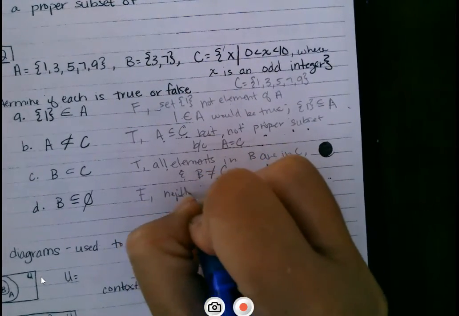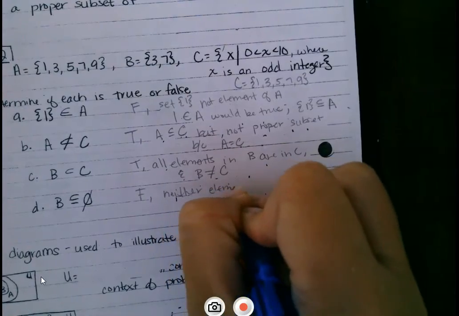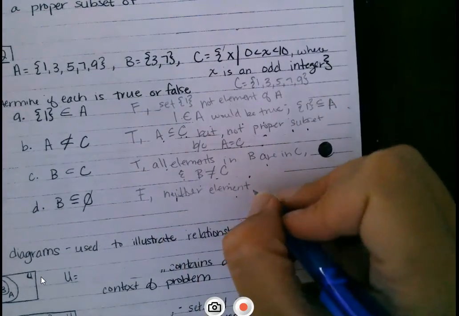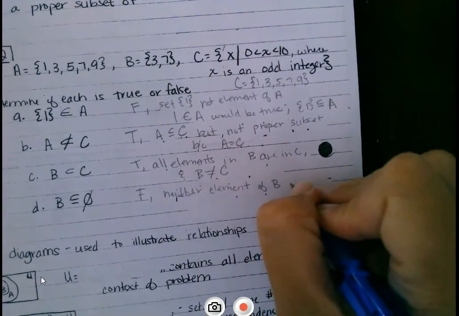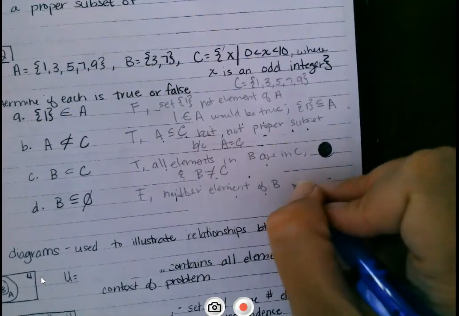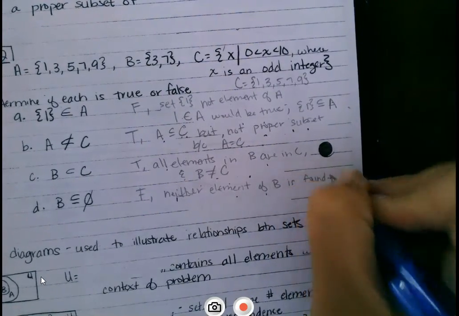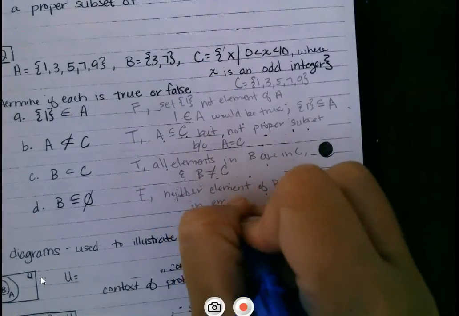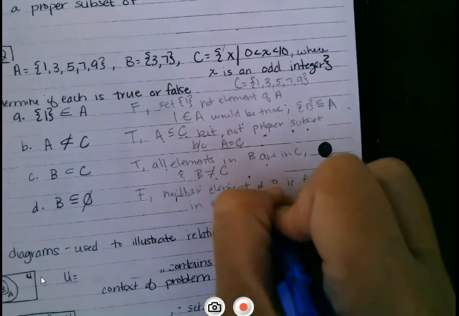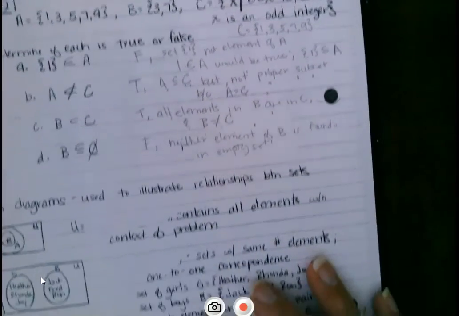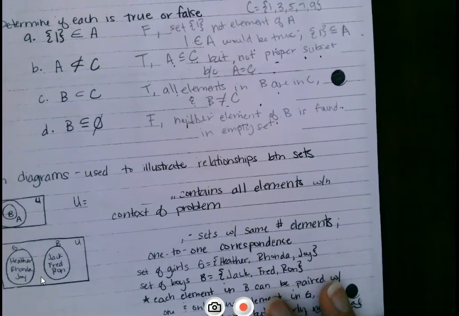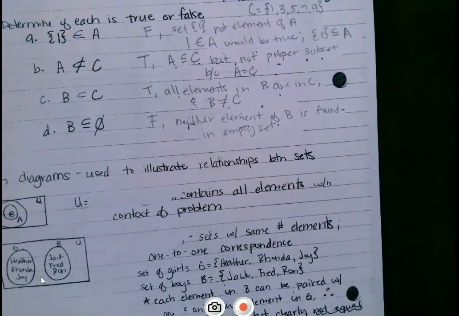Neither element of B is found in an empty set. If it was the other way around, it would be okay, because even though something has something in it, it can also have nothing.